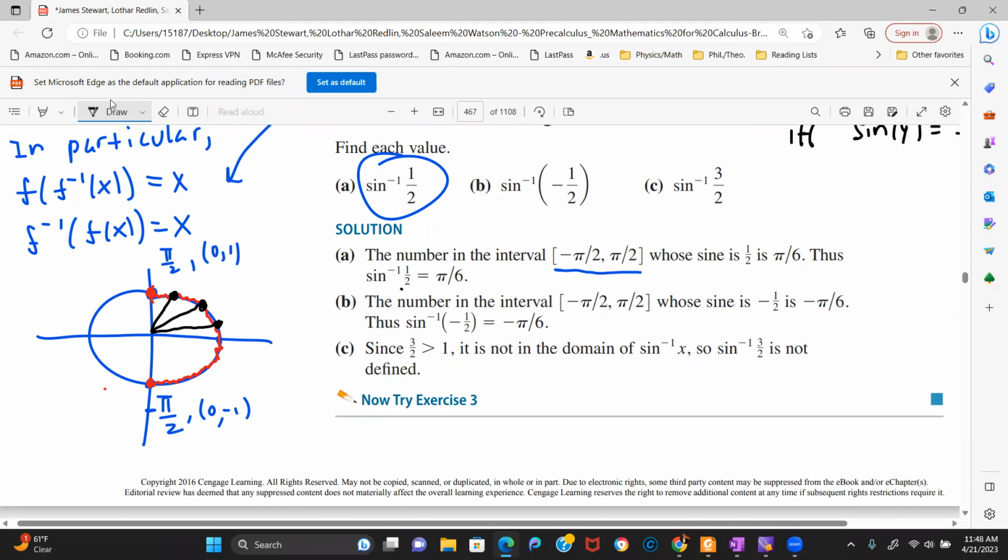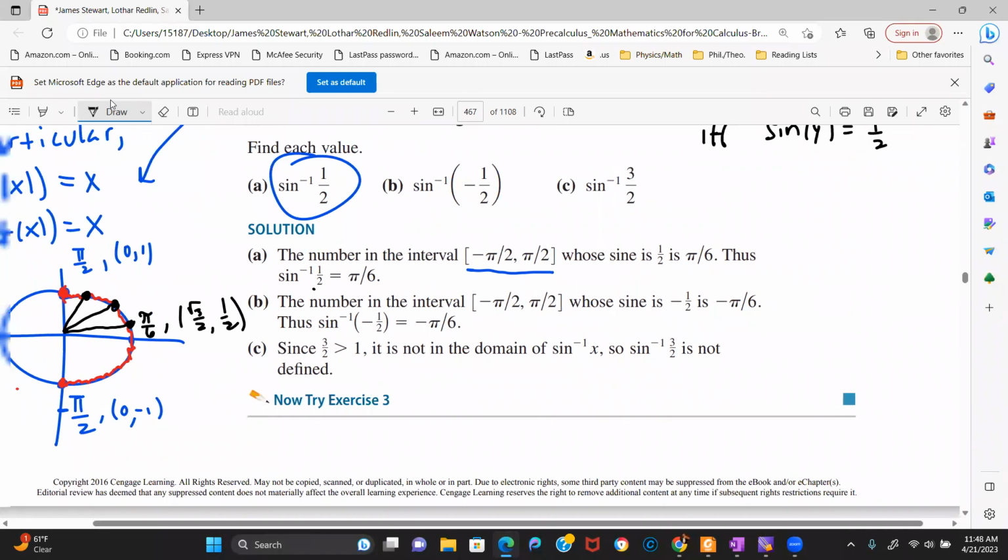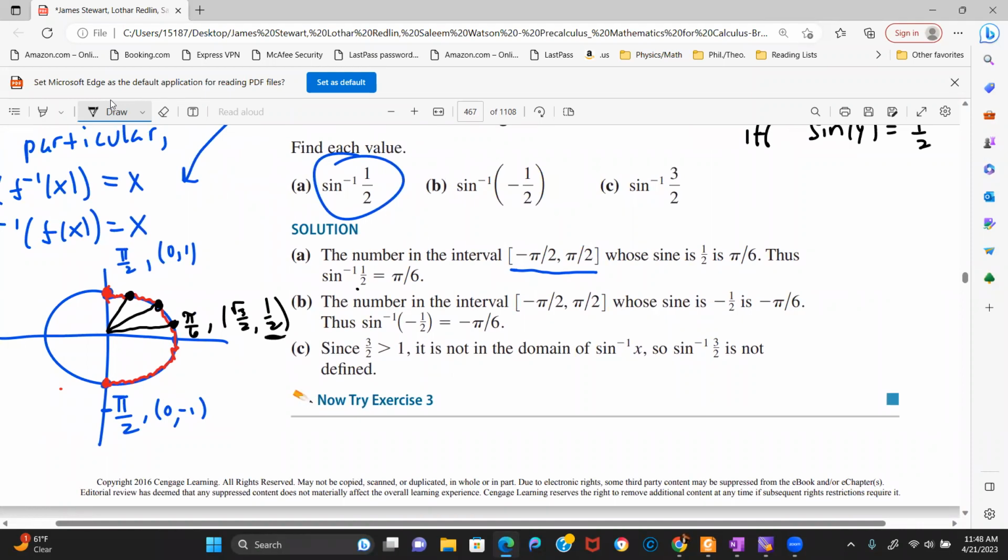If you look at pi over 6, the point corresponding to it is root 3 over 2, 1/2. Now look, the y coordinate is 1/2.